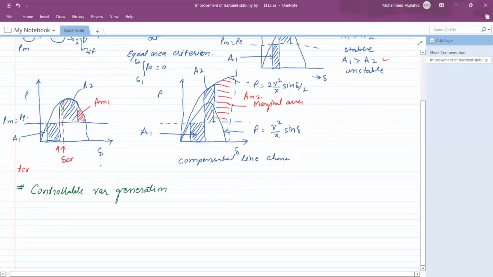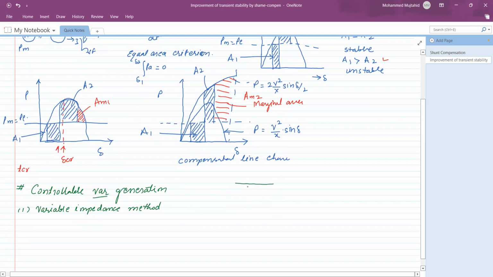The amount of VAR can be controlled by some means. So there are two methods. One is the variable impedance method, where we vary the impedance of the capacitor or inductor to be connected.